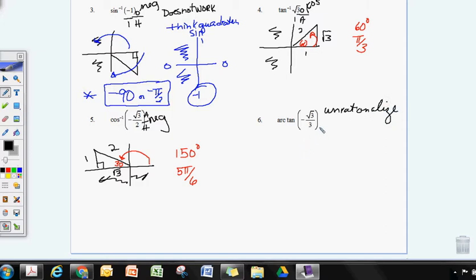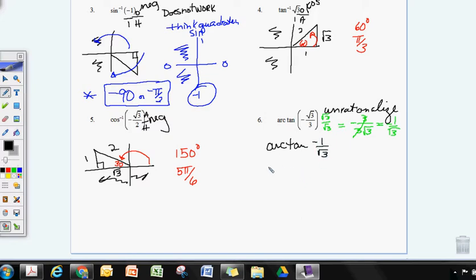So unrationalizing it, I am going to, in green here, multiply top by root 3, bottom by root 3, and I end up with negative 3 over 3 roots of 3, which these cancel out, which is negative 1 over root 3. So this is really the arc tangent of negative 1 over root 3.